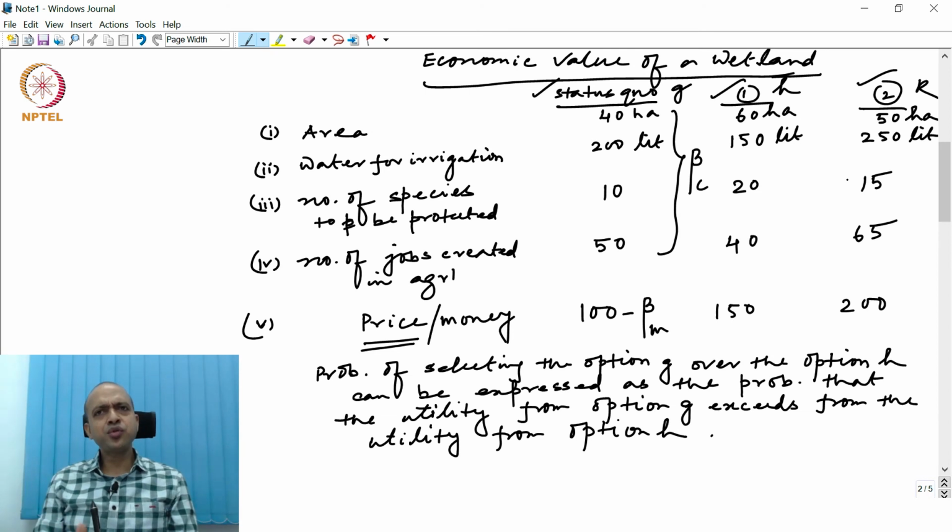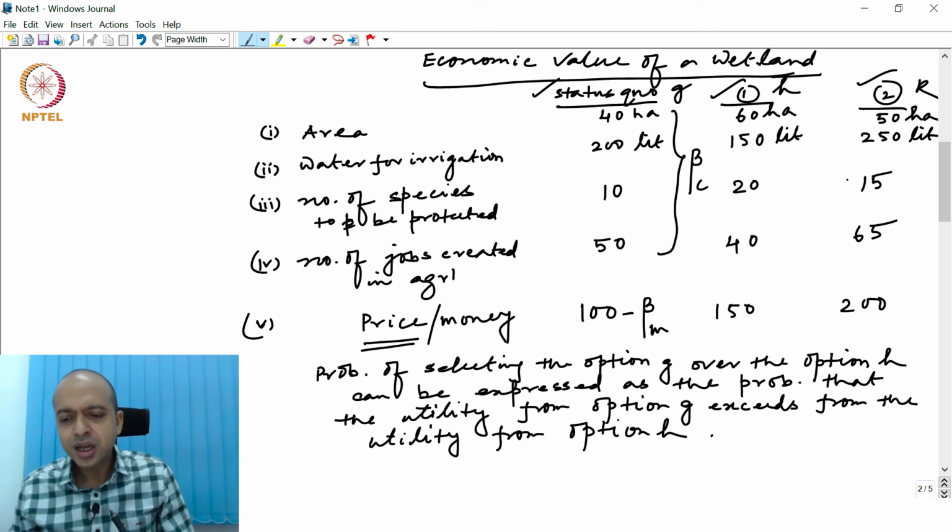Why is the researcher not asking about the species to be protected, how many jobs will be created, what is the price, and so on and so forth? So if too few attributes are used, then the product is not fully defined. If too many attributes are used, then the respondents will get confused. They cannot make a proper trade-off between money and any of the attributes.